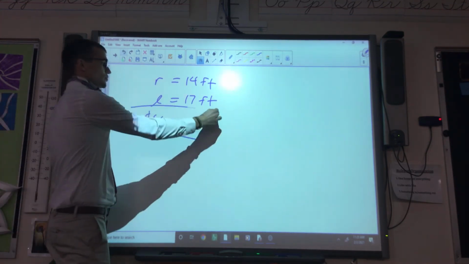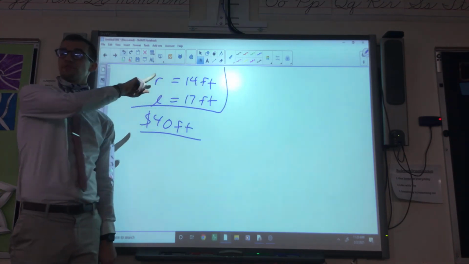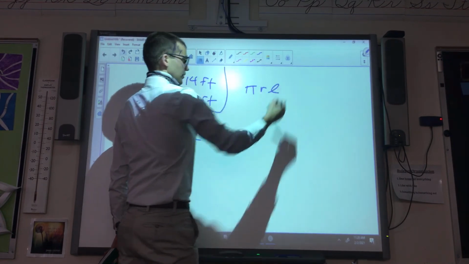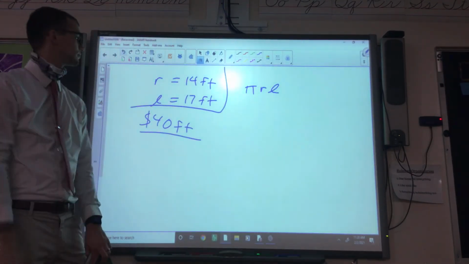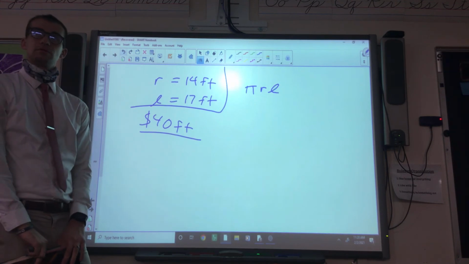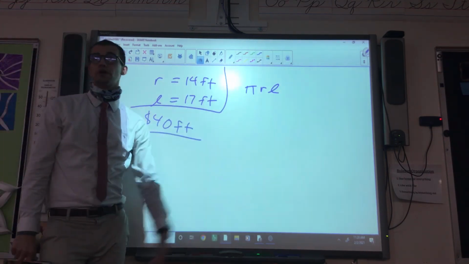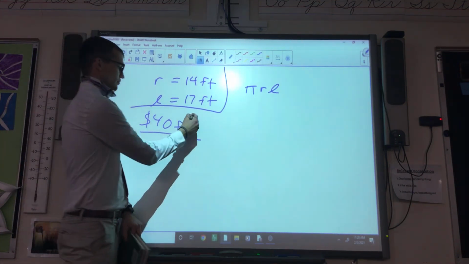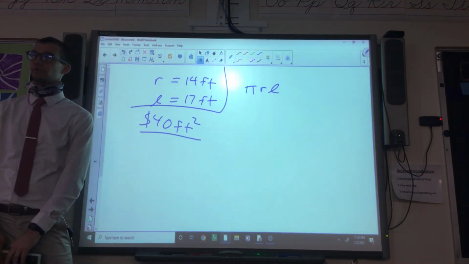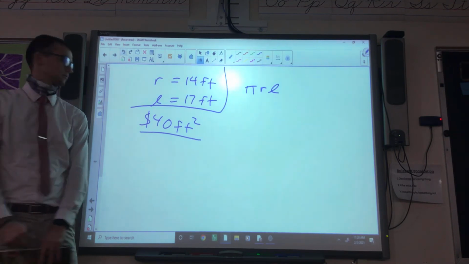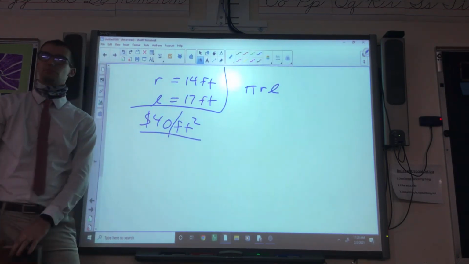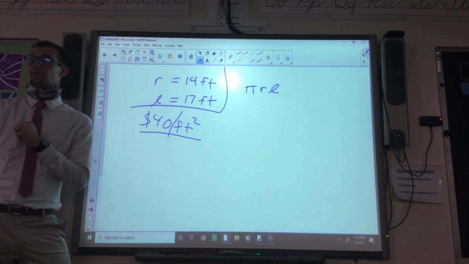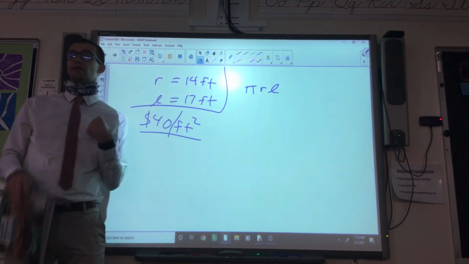So given these two things, you can figure out what the surface area around that part of the roof is, right? It's pi r l still, because there's no bottom glass part. But let's say that it's 200 square feet. If it's $40 per square foot, you're gonna have to do what with it?